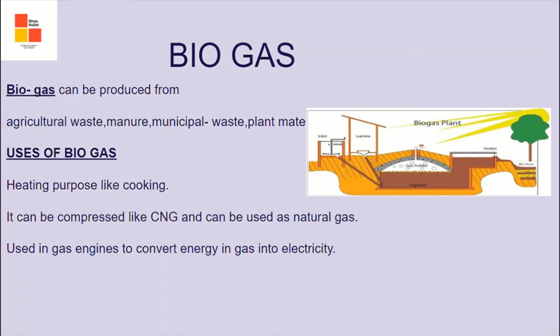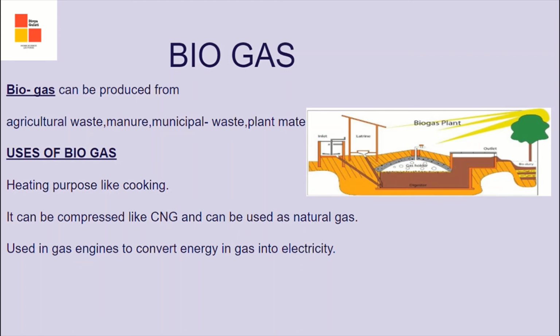Biogas typically refers to the mixture of different gases which is produced by the breakdown of organic matter in the absence of oxygen. It can be produced from agricultural waste. You all can see the biogas plant, manure, municipal waste, plant material, sewage, green waste, food waste.